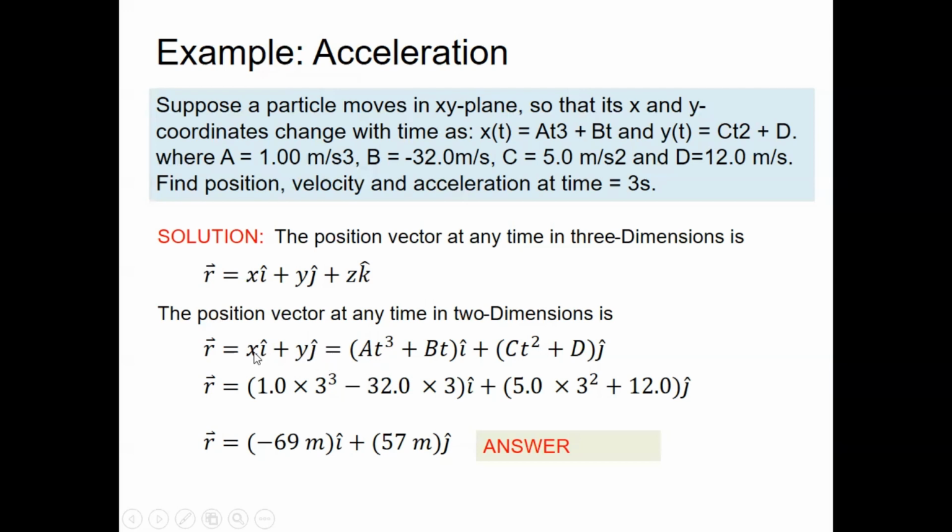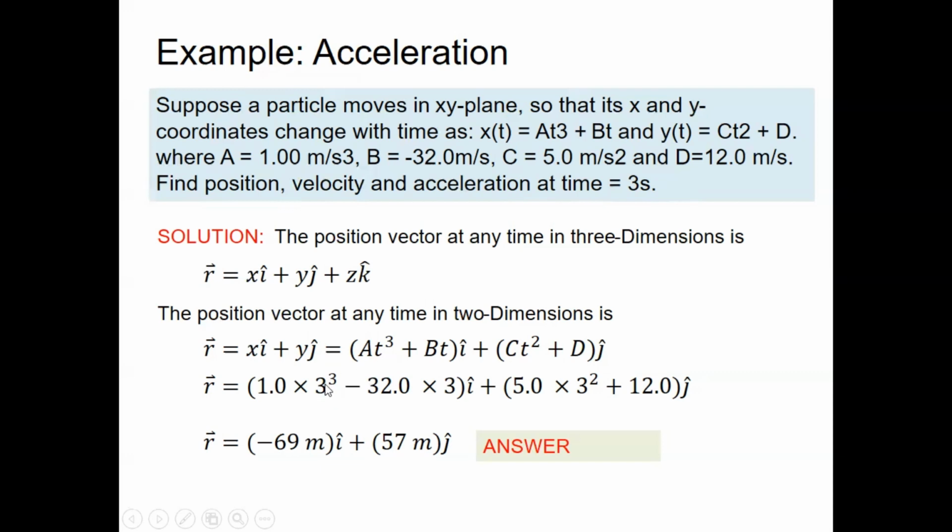I now put in the values of the functions. x is given by a multiplied by t cube plus b times t, and similarly y as a function of time is given as c times t square plus d. Therefore this vector is now written in this form, where time is the variable and x and y are both expressed in terms of time, and therefore we can find out the position for time t equal to 3 seconds. We substitute the value of t equal to 3.